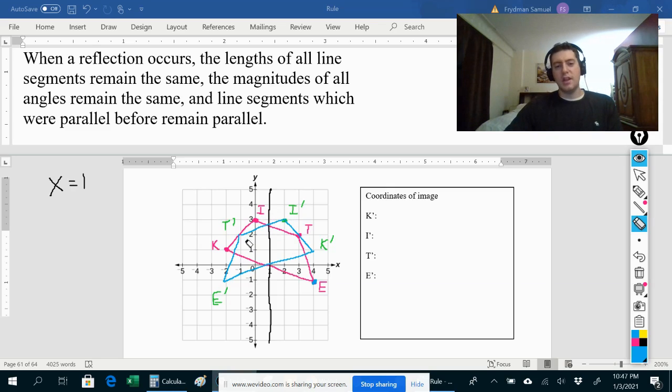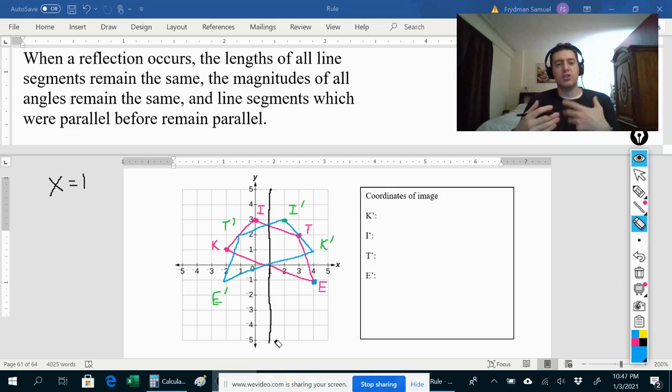So again, you can see that the image, which I drew in blue, is like a mirror image of the original shape, which was drawn in pink here, except this time, since the line went right through the original shape, its image is overlapping with the original image, but it's still a reflection.